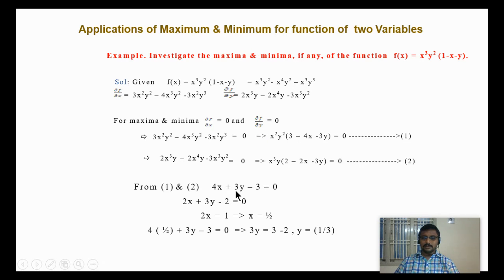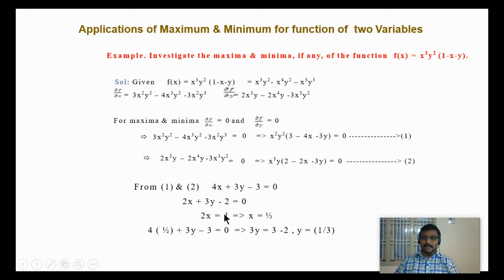Just substitute the values or solve these equations by multiplying the second equation with 2 and subtracting. So we will have the y value, and then substituting in any one of the equations we will get the x value. Or just by subtracting the equations, we have 4x minus 2x is 2x, 3y gets cancelled, negative 3 plus 2 is negative 1.